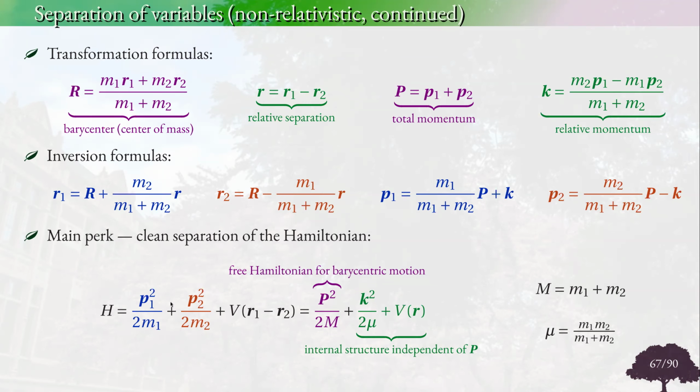So if you write out the kinetic terms, non-relativistic, and a potential that depends only on the separation, then you break it down into a free Hamiltonian for barycentric motion and an internal structure that is independent of the barycentric motion, in terms of a total mass and a reduced mass.